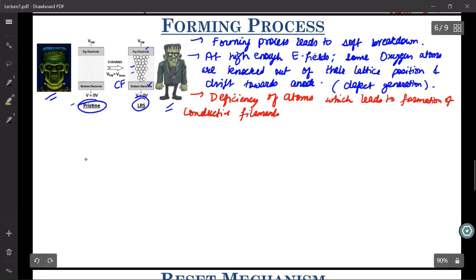And what constitutes this conductive filament? In the case of RM devices, it's made up of oxygen vacancies.